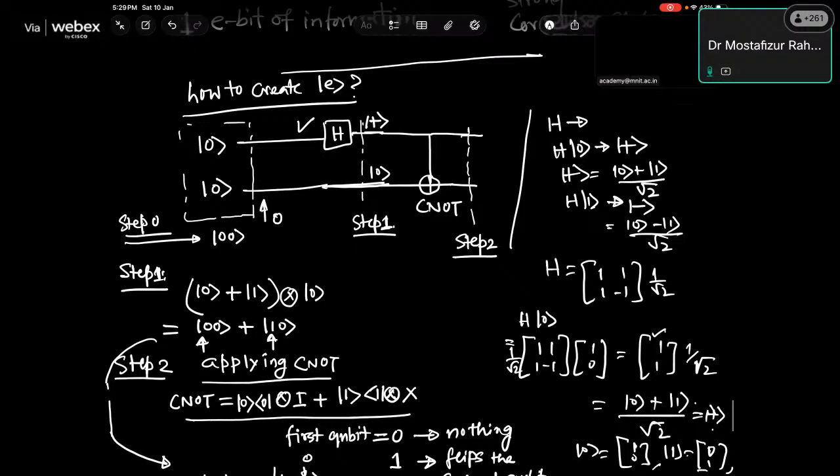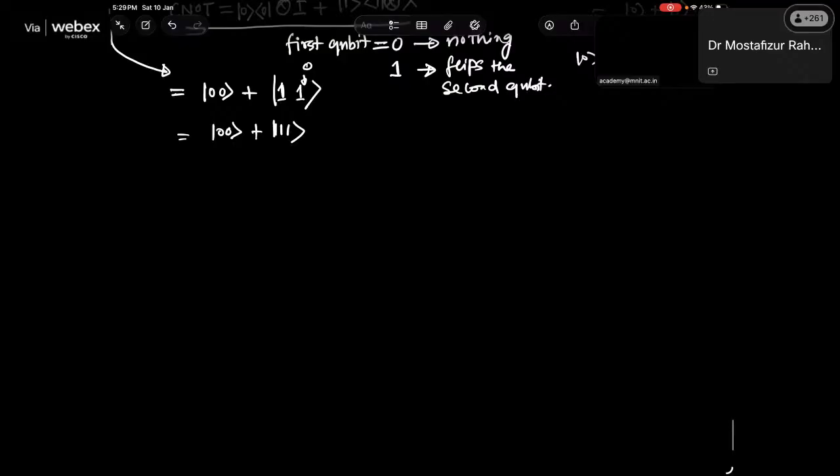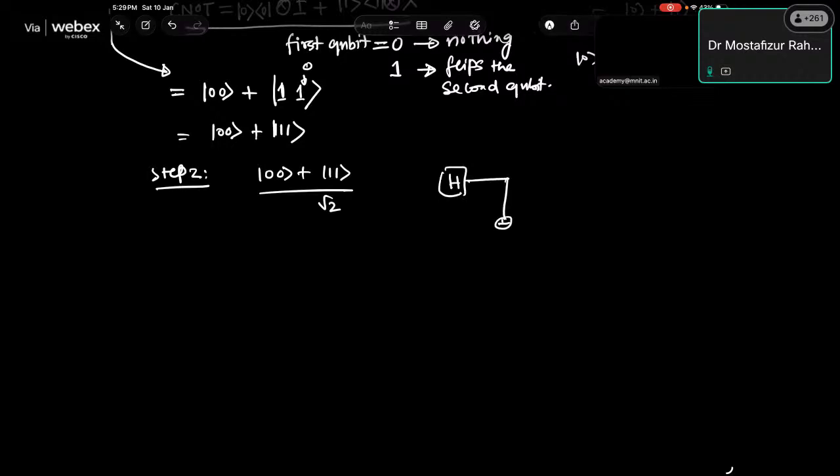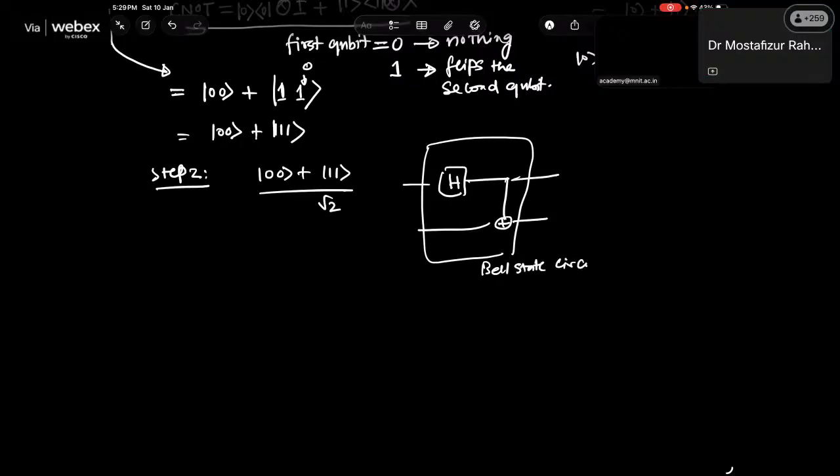And that square root 2 will come here. And hence at step 2, the state will be 0 0 plus 1 1 by square root 2, right? And this configuration, Hadamard followed by a C naught, is called the Bell state circuit.